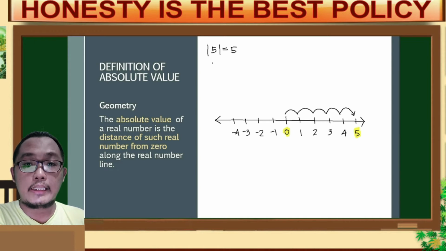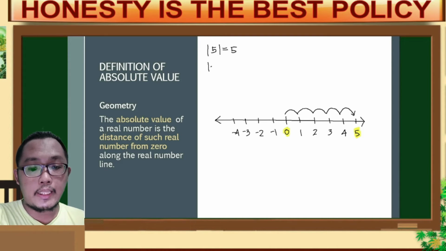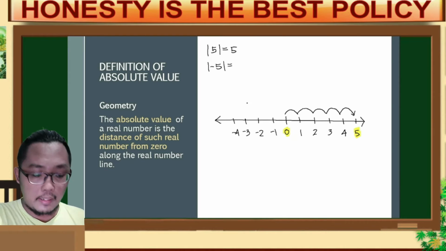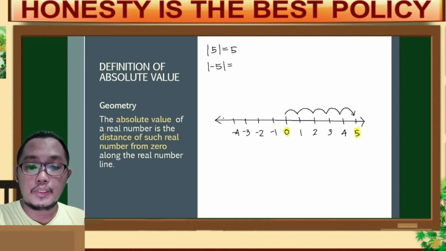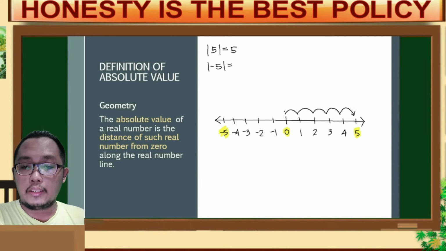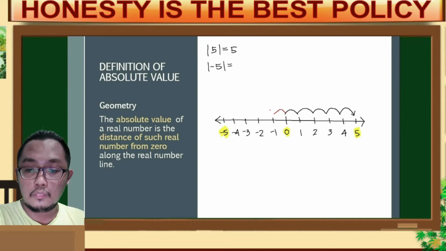And let us have another example. Let's say that we wish to know the absolute value of -5. So we merely have to look at the location of the -5. So the -5 is somewhere here. And counting the number of unit distance between 0 and -5, we have 1, 2, 3, 4, and 5.